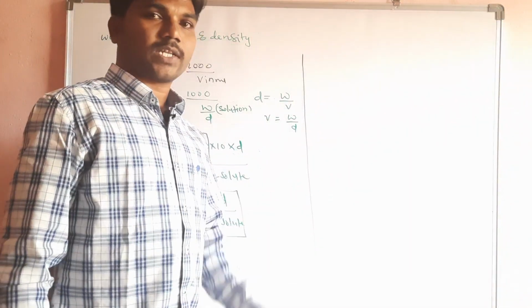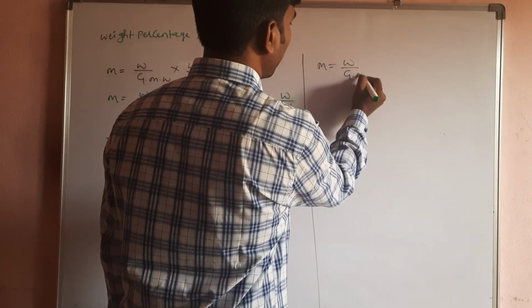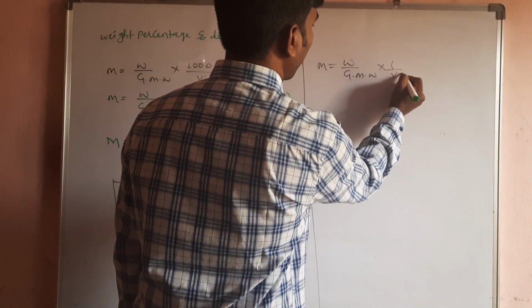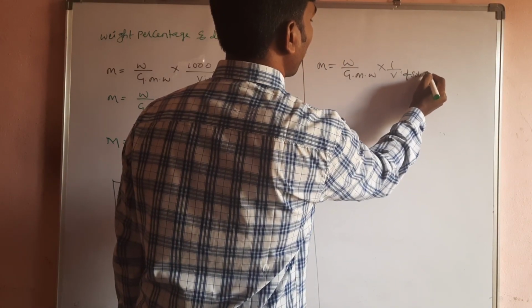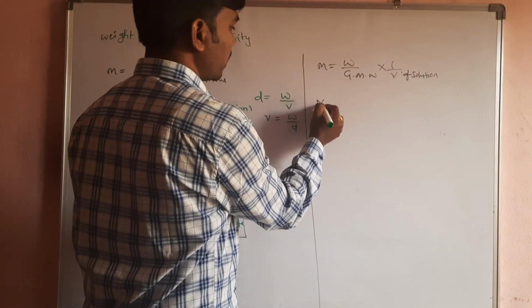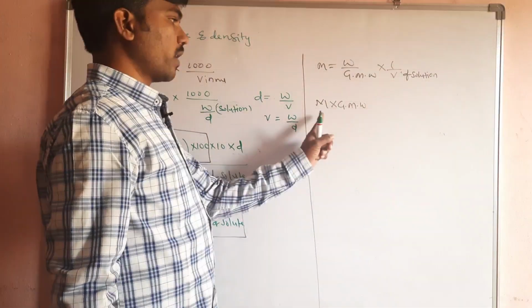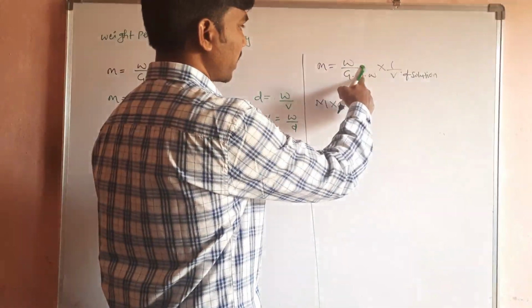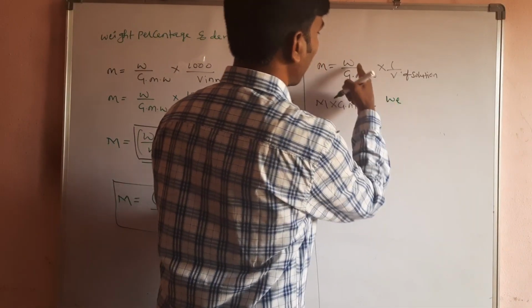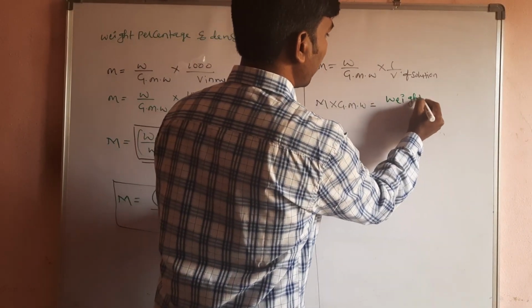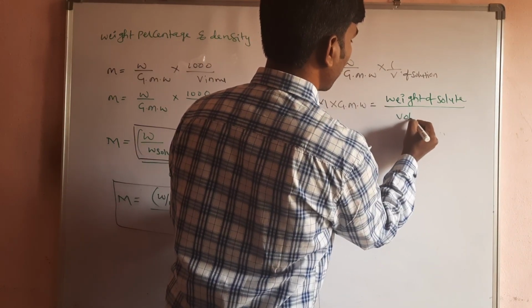We can calculate the strength of a solution also. Here molarity is equal to weight by gram molecular weight into 1 by V, where V means the volume of solution. By cross multiplication, molarity into gram molecular weight of the solute is equal to weight of the solute upon volume of solution.